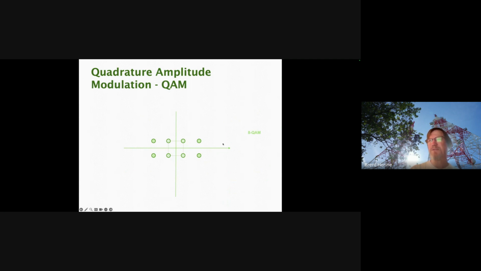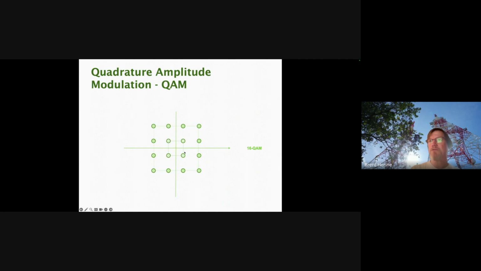So here's a QAM. It's not very common because it does look a little bit unbalanced. So if we're going to go to all the trouble of doing this, we might as well go here, right? And so it takes the same amount of energy to send this guy as it does to send this guy. A little bit more energy to send that guy, but not a big penalty, right?